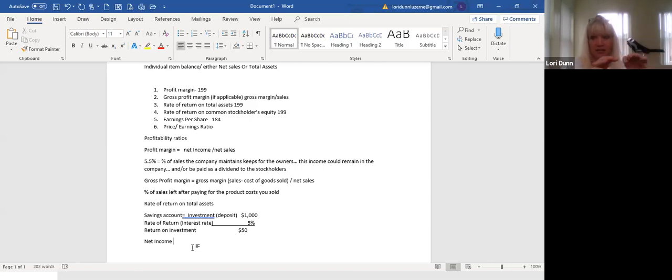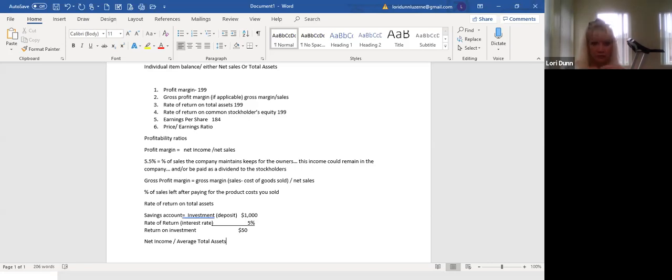The investment of money in assets makes net income. We divide that by our average total assets, the investment. Because when you invest in assets, we're going to talk more about where this money comes from, this average total assets. Who are we calculating this for?